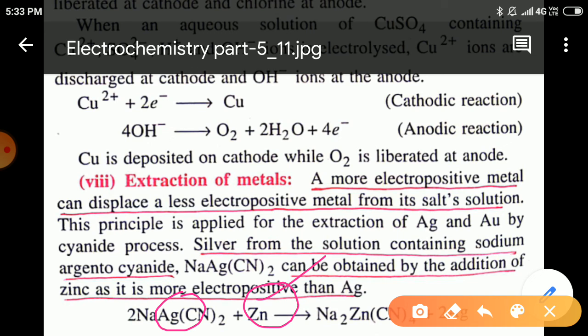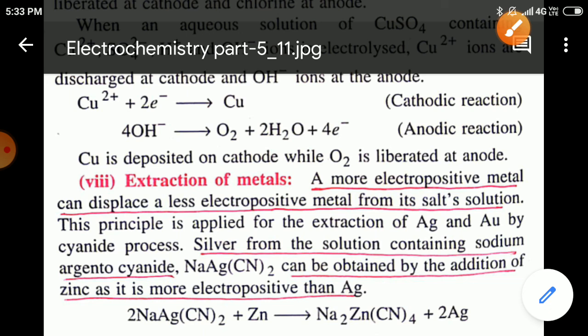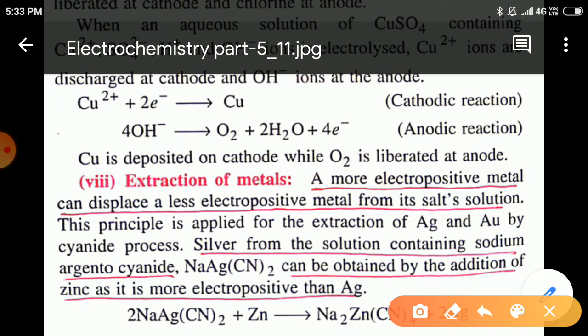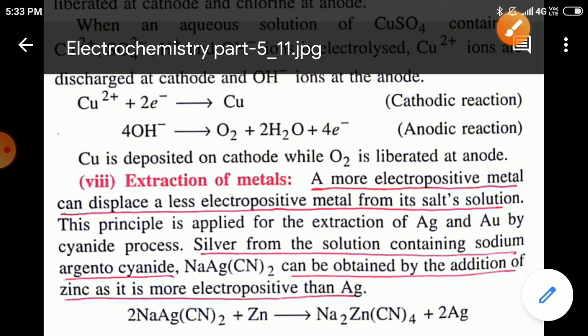So zinc is more reactive with respect to electropositive character as compared to silver. Therefore, zinc displaces silver from sodium argentocyanide to form the compound sodium zinc cyanide, and displaces silver from this compound. So in this way we may also use the electrochemical series to extract, means find out, the particular metal from its metallic compound.